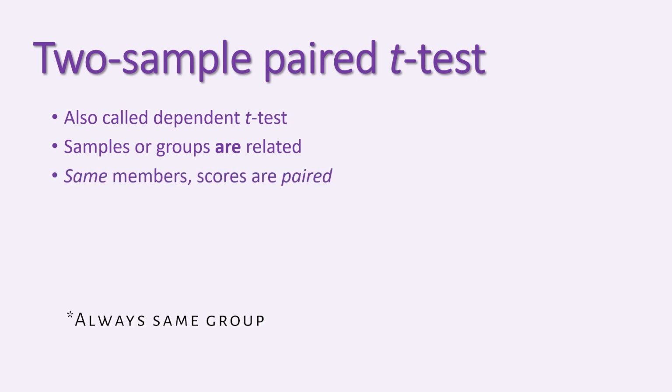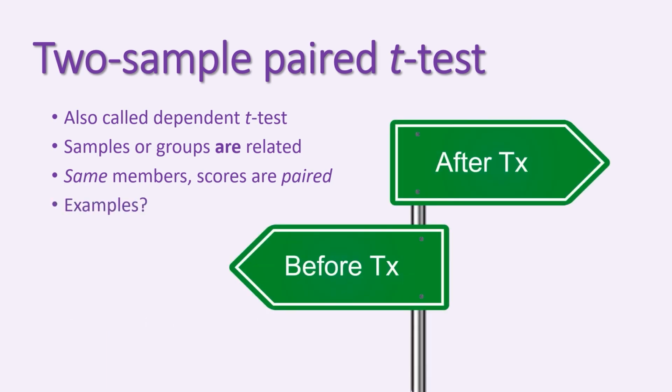The scores, therefore, are paired. So examples would be before and after treatment, or say at the start and then at some other particular time. Those are very, very useful and broadly used in nursing, the 2 sample paired t-test.